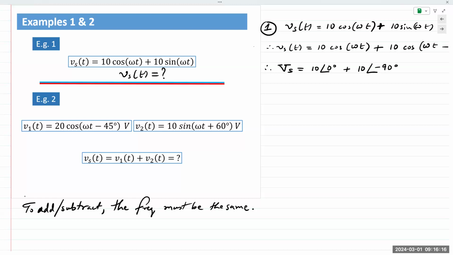Now at this point, if you have a calculator and you are able to program this, go ahead and do so. It'll give you a final answer directly. If you have not yet practiced, this is a good time to do so. Go ahead and program this equation in your calculators and see if you can get the final answer.